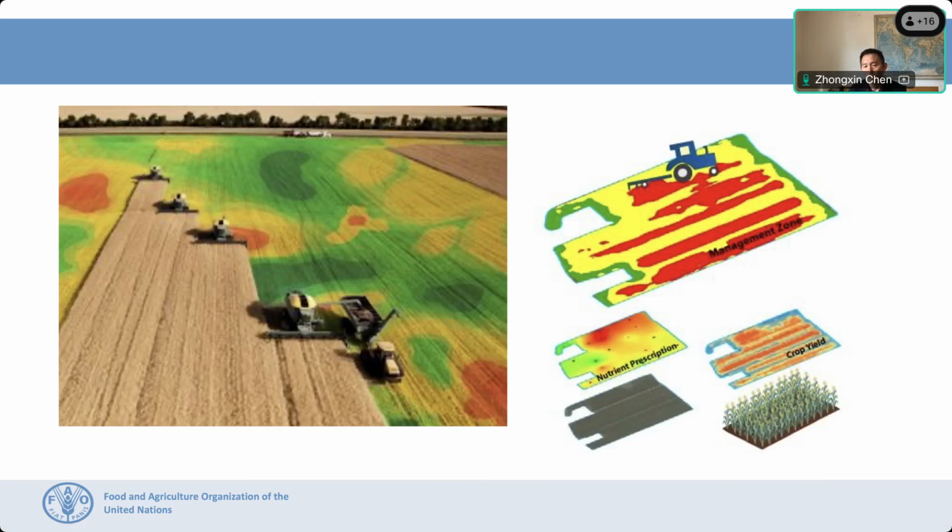So in this way, geospatial is quite useful. That's why we use a lot of geospatial technology in agriculture to promote production and reduce the uncertainty of food production and food insecurity.